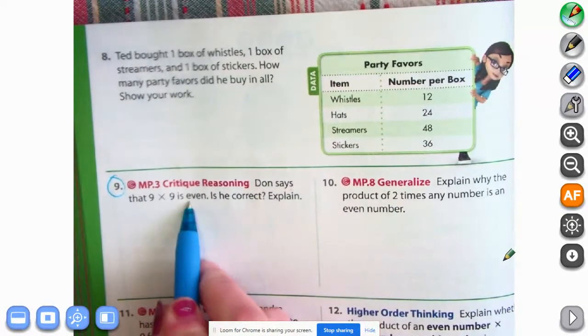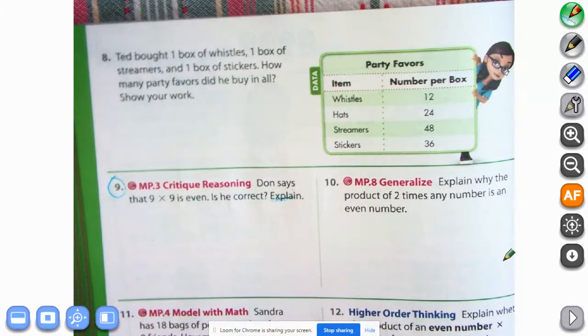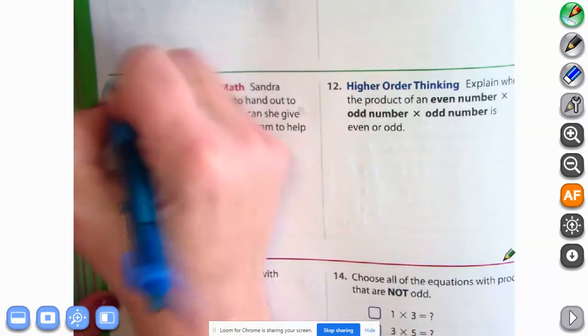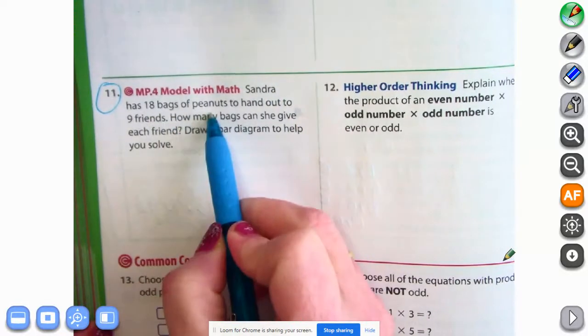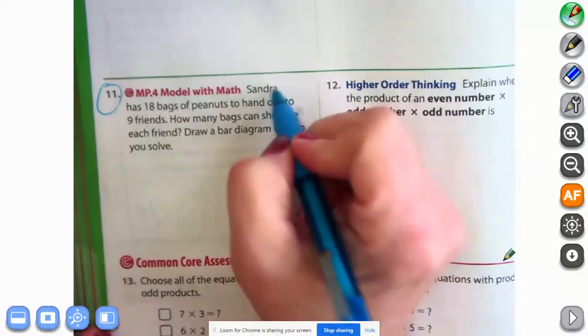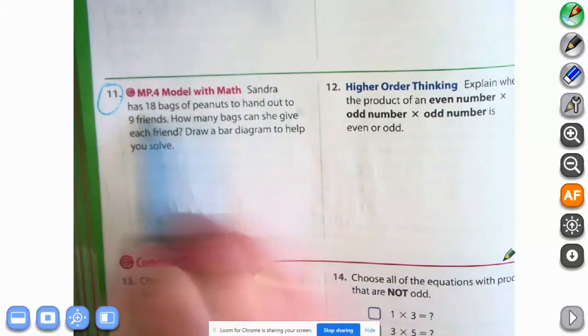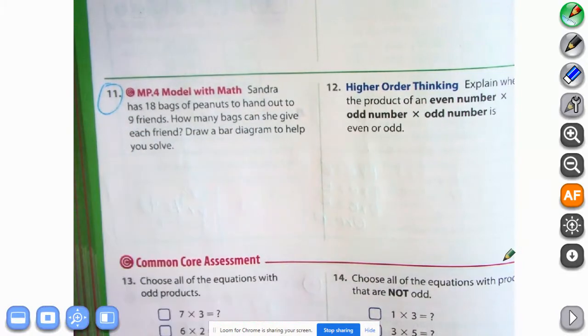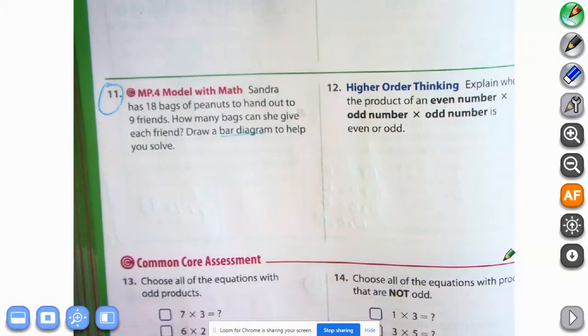Number 9. Don says that 9 times 9 is even. Is he correct? Explain. Okay. Number 11. Sandra has 18 bags of peanuts to hand out to 9 friends. Miss Sandra and my name, Sandra, has 18 bags of peanuts to hand out to 9 friends. How many bags can she give each friend? Draw a bar diagram to help you solve.